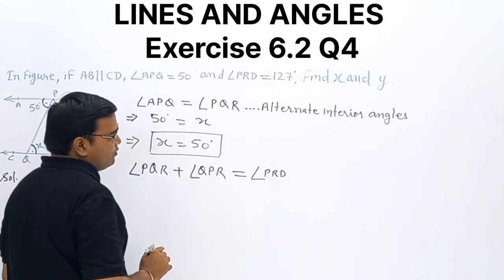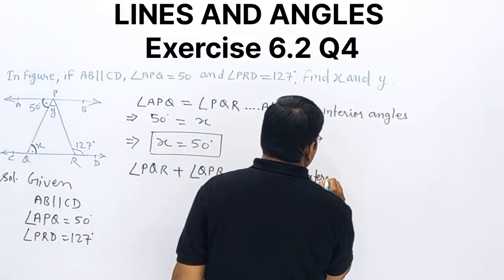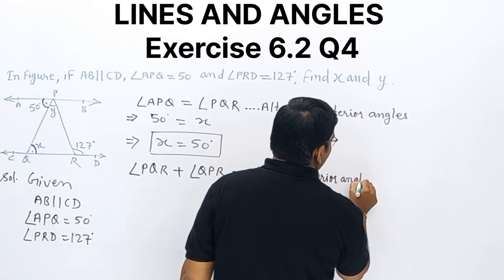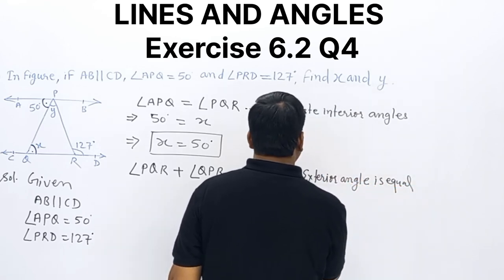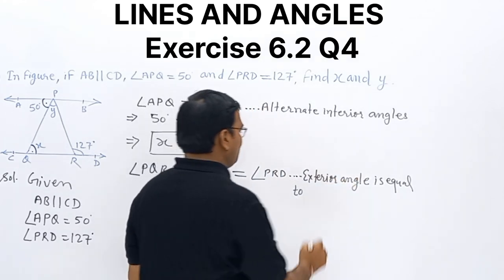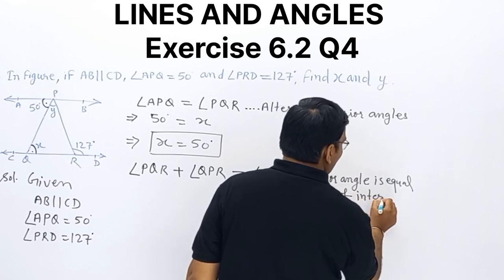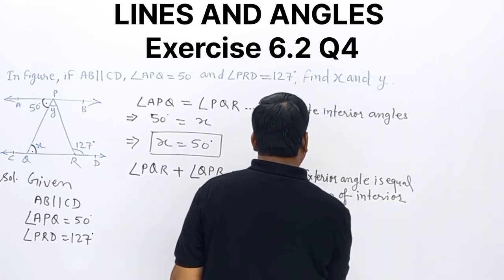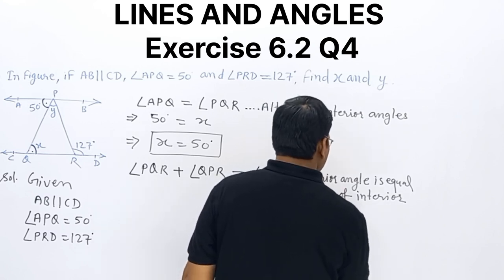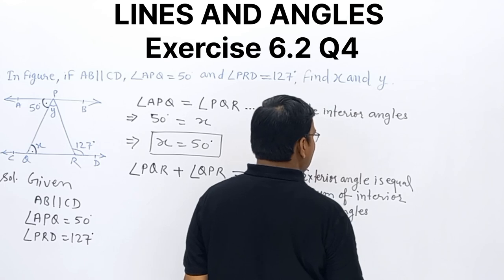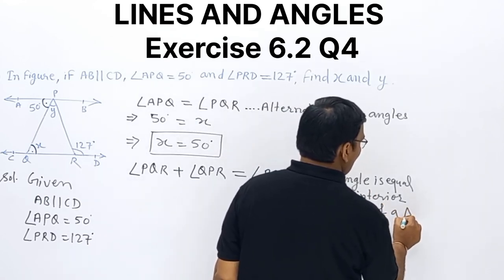And why are we writing this? We can say the exterior angle is equal to the sum of interior opposite angles of a triangle.